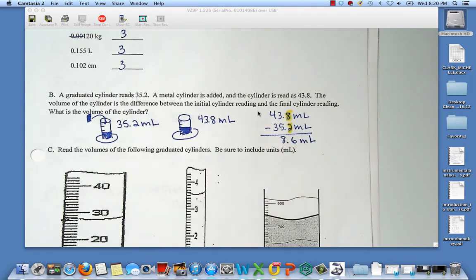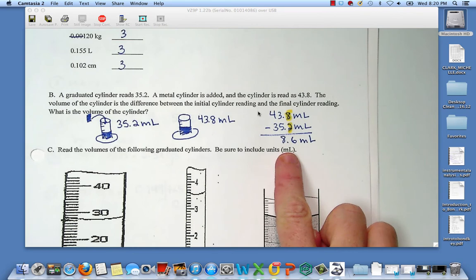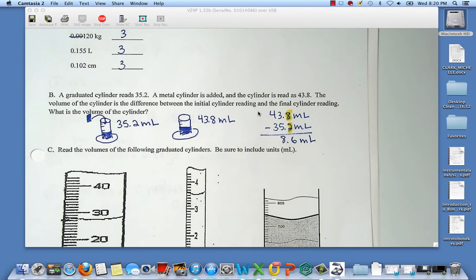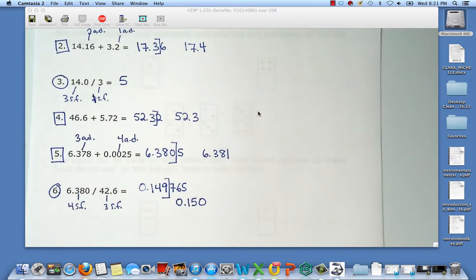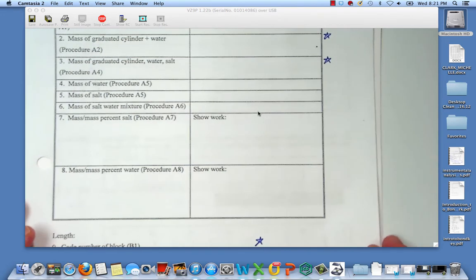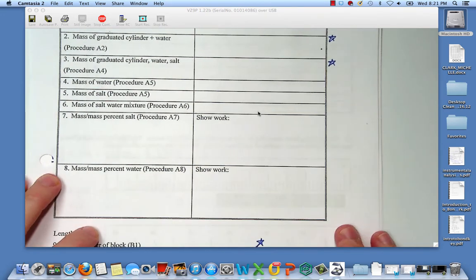So my answer has to have 1 after the decimal. So this is the correct number of significant figures. Any more questions on that one? Let's go now to page 17 in your lab manual.